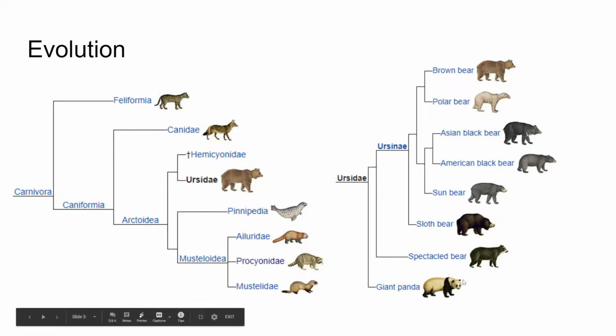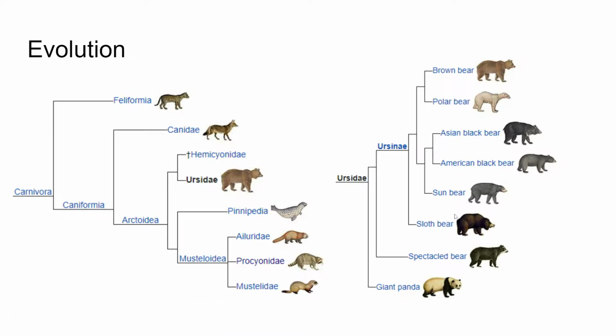Of course, in Asia, still you have the giant panda and the sloth bear, the sun bear. The spectacled bear is a South American species, but these bears that we are more familiar with, of course, the Asian black bear in Asia, these northern hemisphere bears, North America.